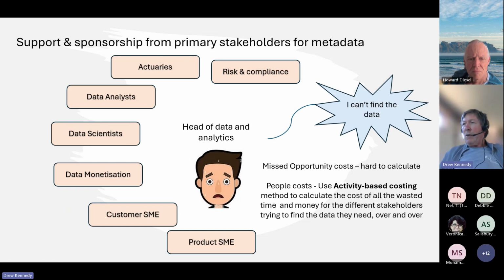So I can't find the data. The stakeholders there are numerous. It could be the actuaries, the head of the actuaries and the actuaries in an insurance business that need data to be able to do their models. It could be the data analysts that are looking to provide data assets or answers to people. It could be the data scientists that are building models.